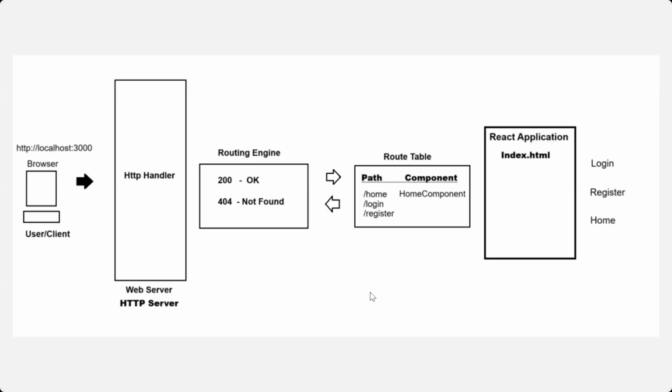So all these days we have a React application, but we don't have a route table. That is the reason what we are doing every day. When we design different components, every day we are going to index. There we are changing the startup component.